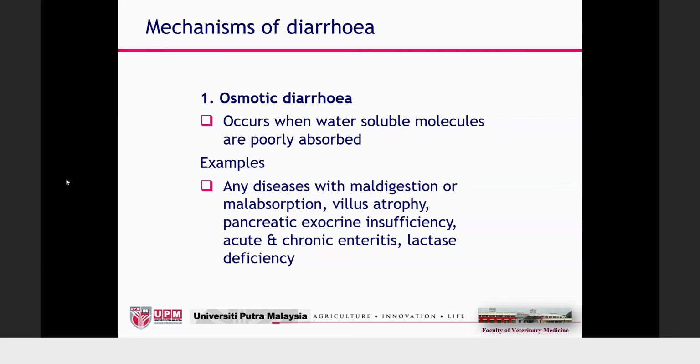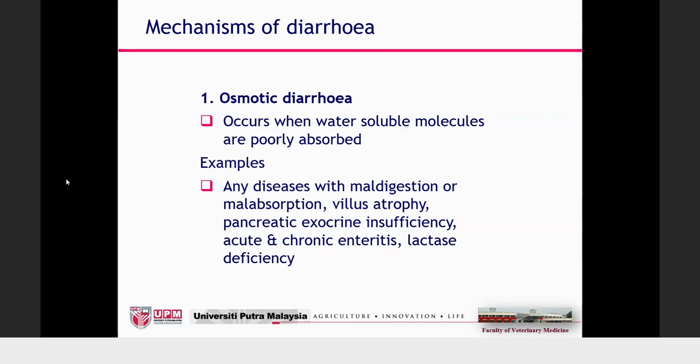They will attract the fluid from the body in the intestinal tract to ooze out into the intestinal lumen, because the osmotic pressure in the intestinal lumen is higher. So they will pull the fluid from the intestinal tract mucosa into the lumen of the intestinal tract.